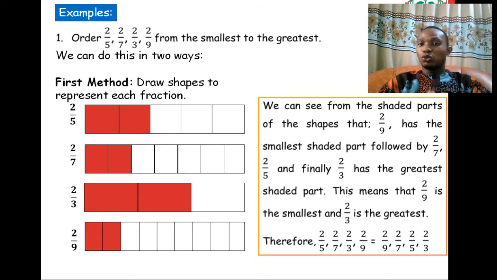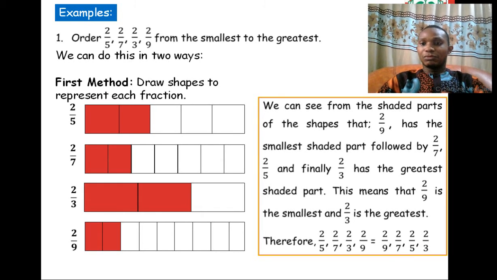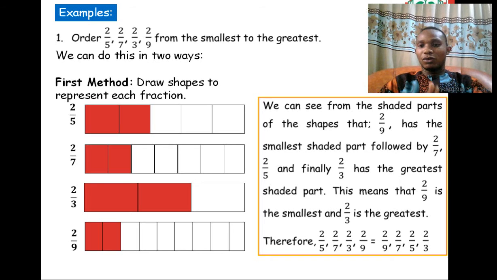That means that 2 over 3 has the greatest shaded part. Arranging it, we have 2 over 9, which is the smallest, followed by 2 over 7, followed by 2 over 5, and the greatest is 2 over 3.